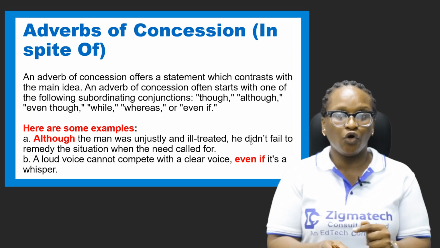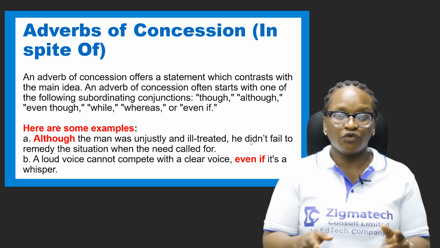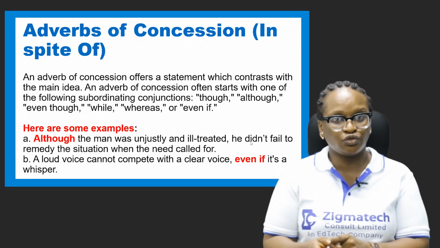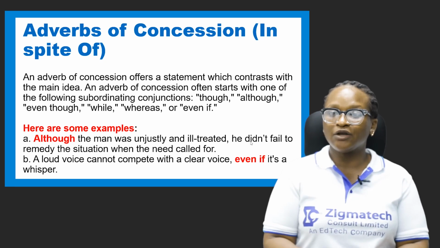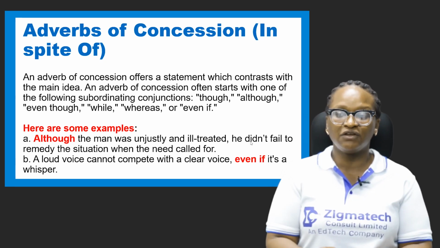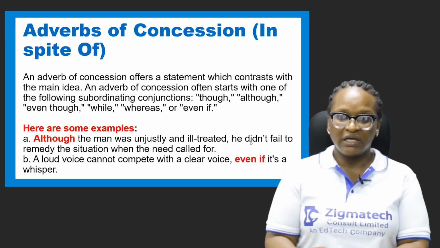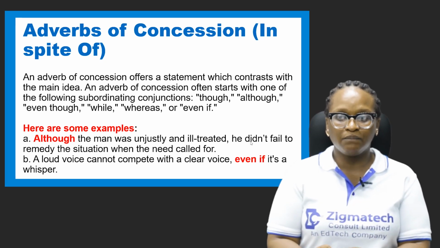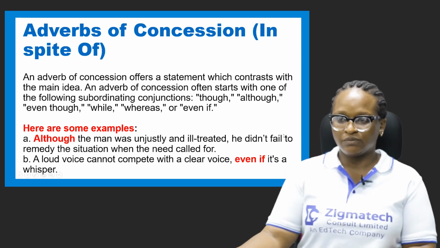So once you're using your although, know that you're contrasting the statement. If you're not contrasting a statement, then although shouldn't come into play. All right, the next one says a loud voice cannot compete with a clear voice, even if it's a whisper. That's the truth. It's concession.